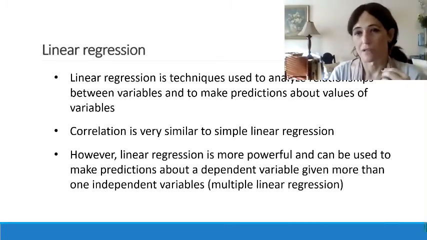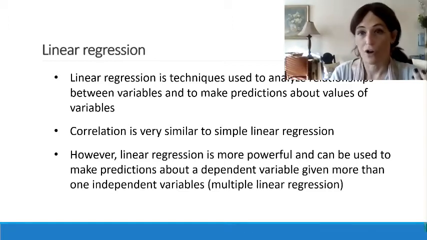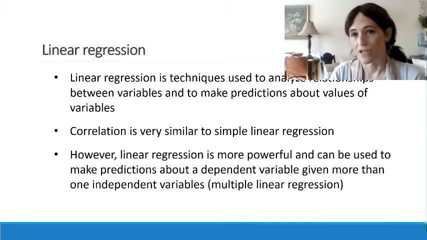When we get to multiple linear regression, it'll be our dependent variable y as a function of multiple independent variables. But for a simple linear regression, where we have one dependent variable and one independent variable, correlation tests of hypothesis will be very similar to tests of coefficients in a linear regression model.